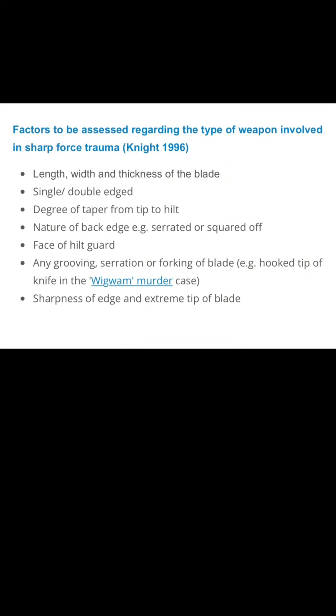And then it says factors to be assessed regarding the type of weapon involved in sharp force trauma: length, width, and thickness of the blade, single or double-edged, degree of taper from tip to hilt, nature of the back edge, e.g. serrated or squared off, face of hilt guard, any grooving, serration, or forking of the blade, and sharpness of edge and extreme tip of edge.